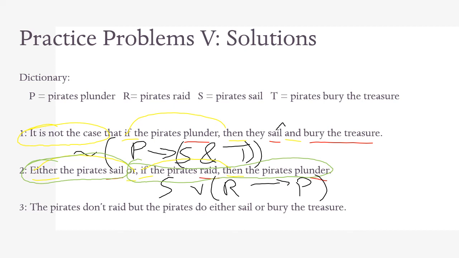We also have a comma here that indicates that the parentheses would more than likely go around the R arrow P. So let's do this final one. We have raid, we have sail, bury treasure. So we have R, S, T, we have a don't, we have a but, we have an either-or.